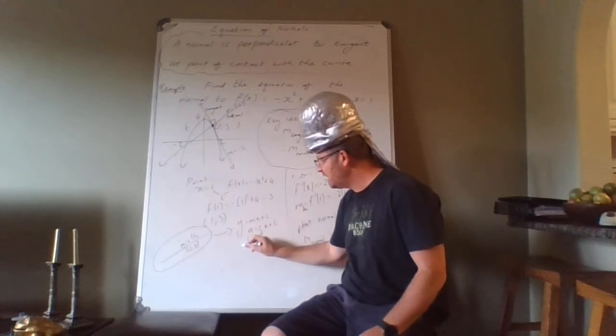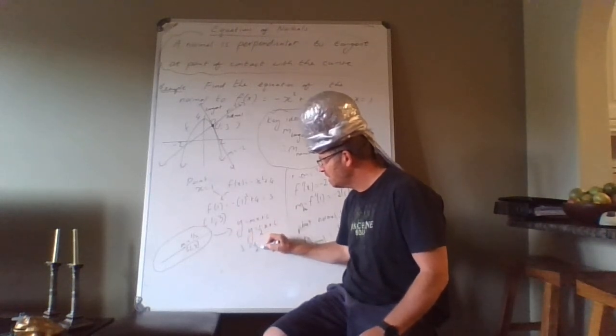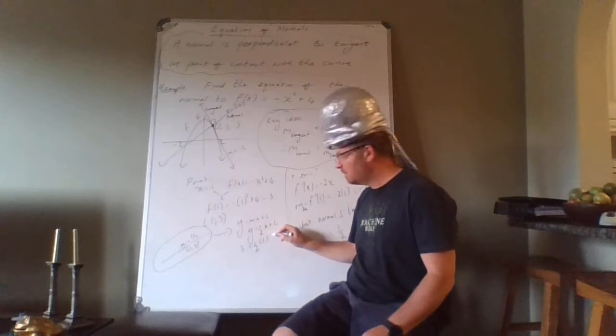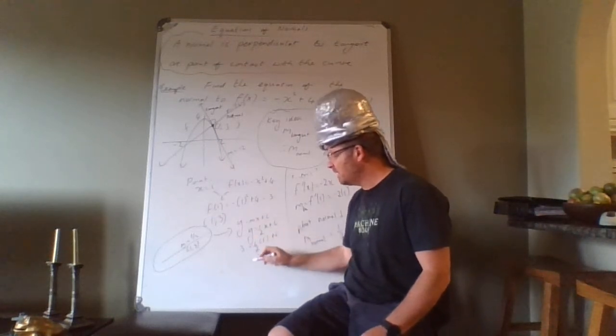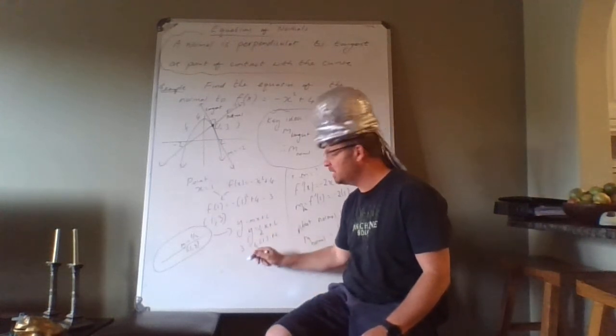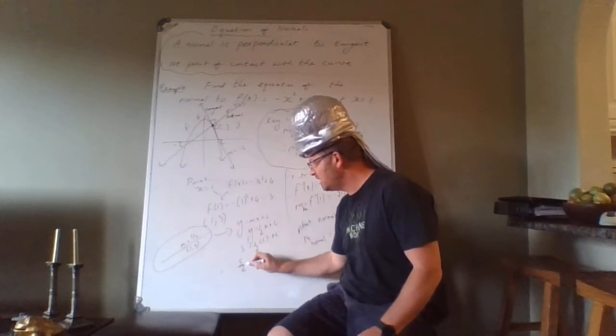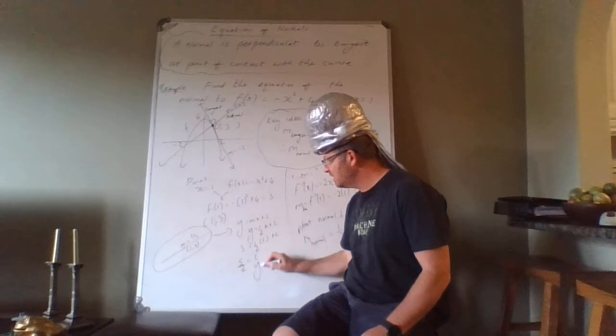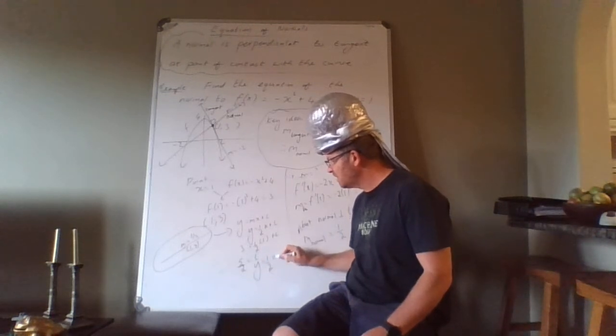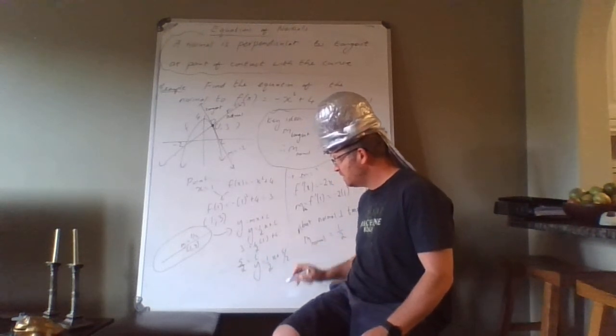Subbing in (1, 3), I get 3 is equal to a half times 1 plus c. 3 minus a half is 6 over 2 minus 1 over 2, which is 5 over 2, is equal to c. So the equation is y is equal to a half x plus 5 over 2.